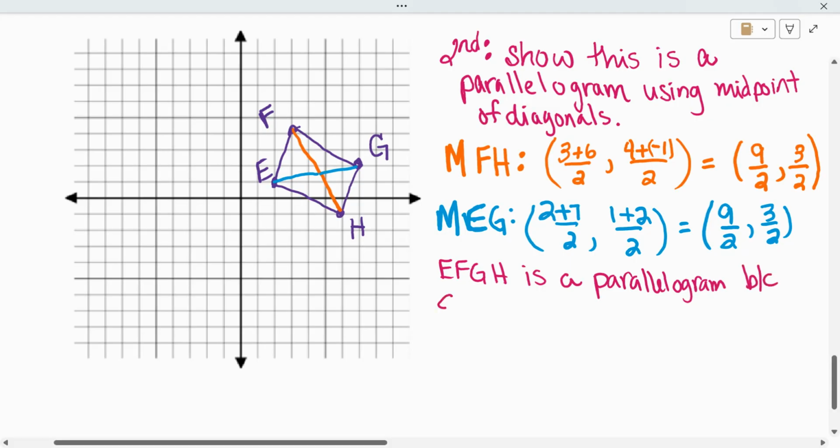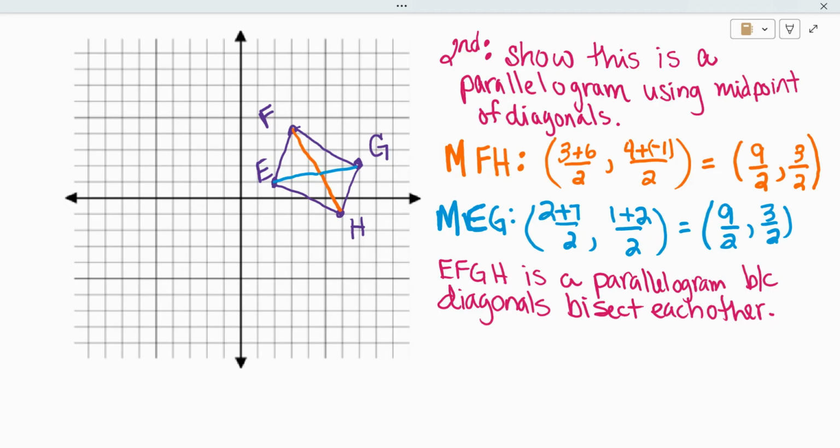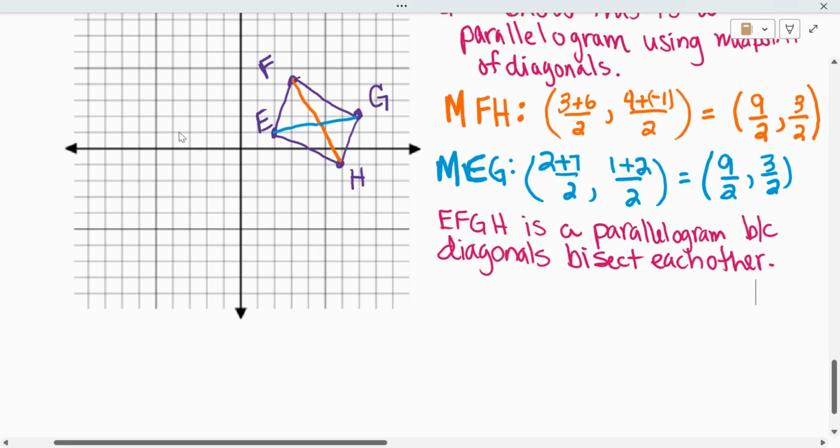Because the diagonals bisect each other. We just showed that the diagonals bisect each other because they have the same midpoint. That is the easiest method. Use it. So we've shown that it's a parallelogram. So that means it could be a rectangle and it could be a square, right?